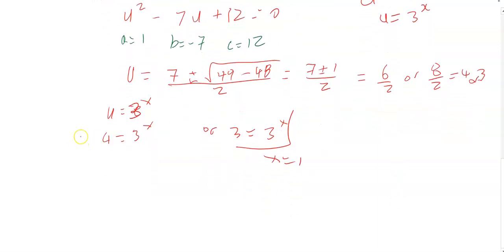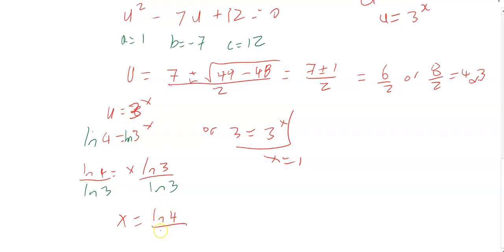And then for this you can take ln of both sides, and so what you will have is ln of 4 is equal to x ln of 3, and divide through both sides by ln of 3. And so you'll end up with x is equal to ln of 4 over ln of 3. So we have two answers: x is equal to ln of 4 over ln of 3, and x equals 1. So that's your two answers right there.